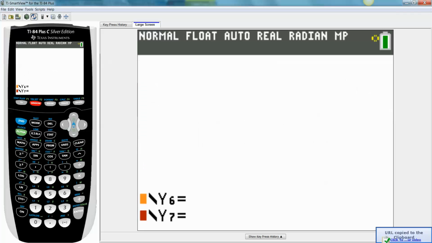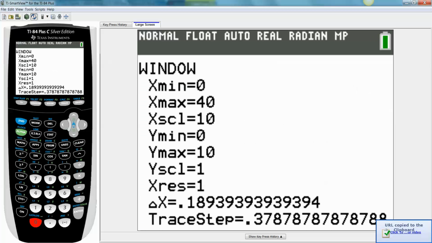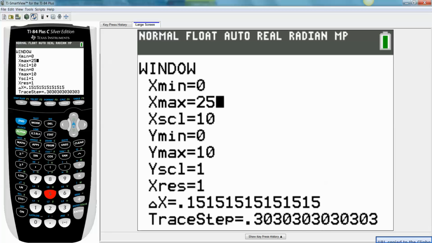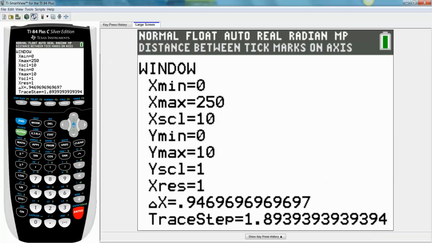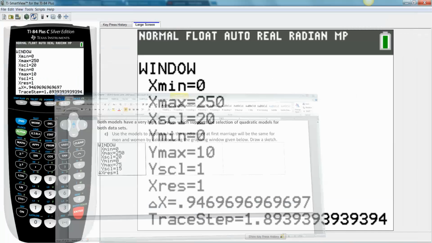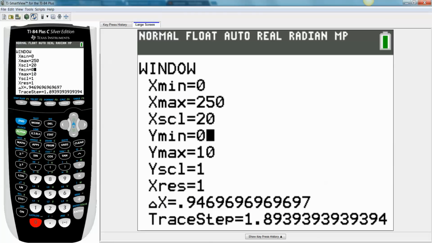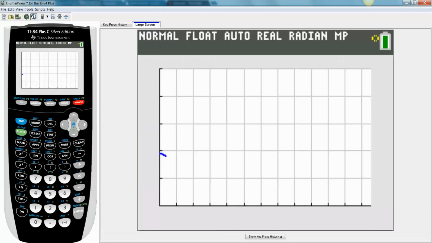So let me press window: 0 to 250, and then 20. Let me go back. 0 to 75, 15. And then I'm going to hit graph.